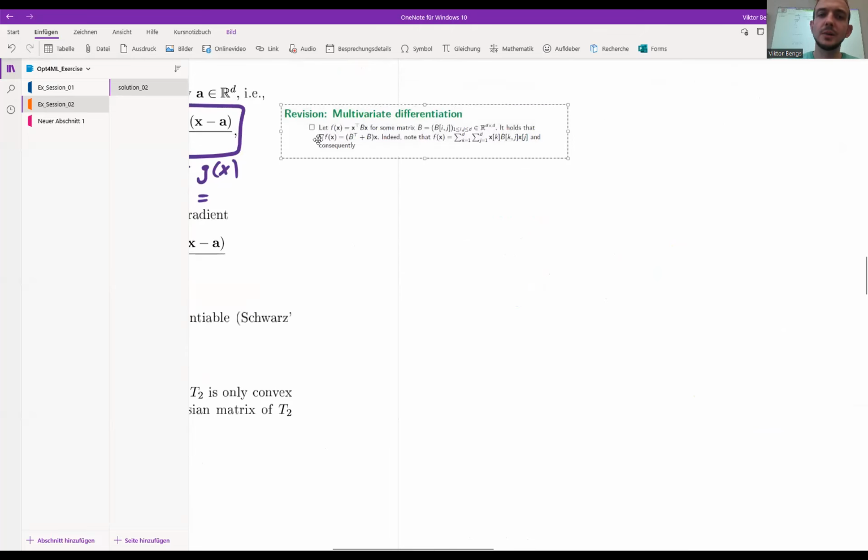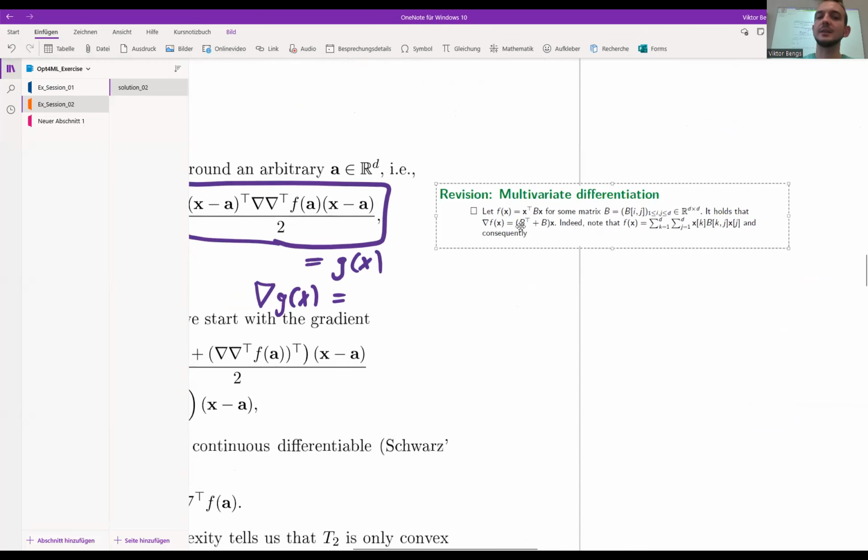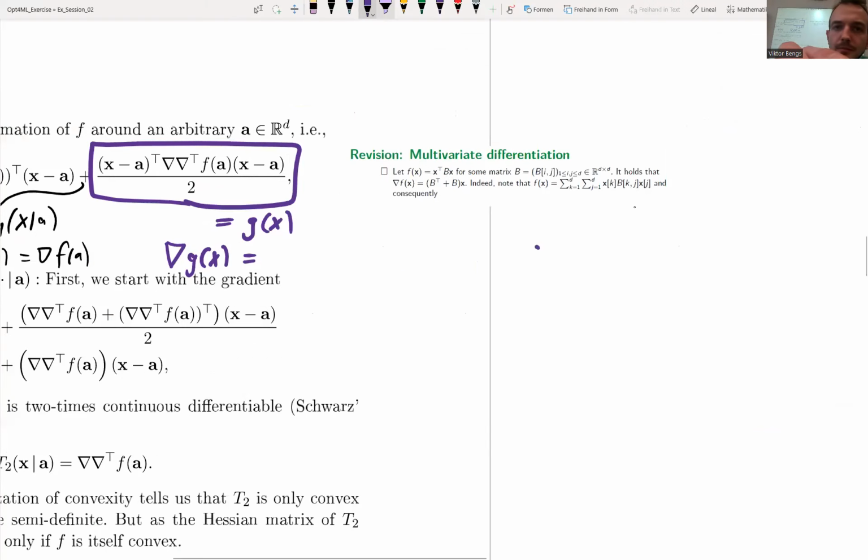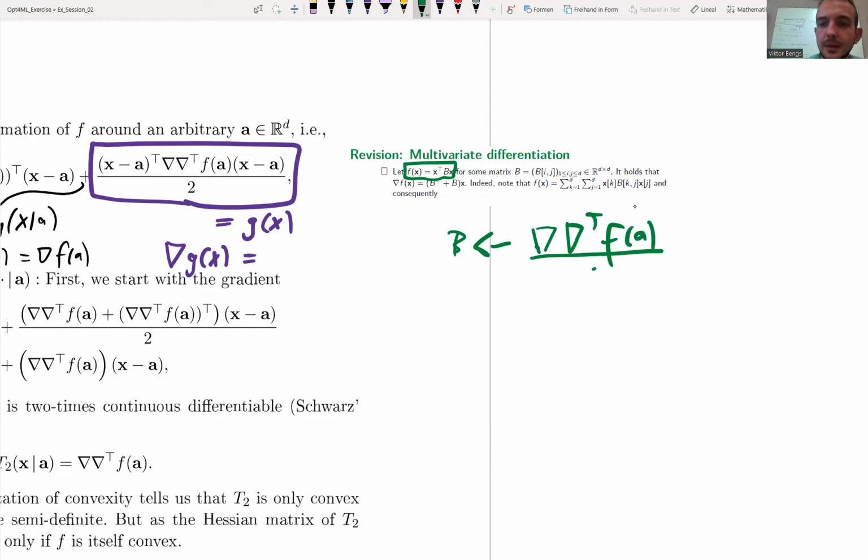So in our revision about multivariate differentiation, we had exactly functions of that kind. There we had a similar function g, where we only need to do the following substitution, namely b is f of a half.